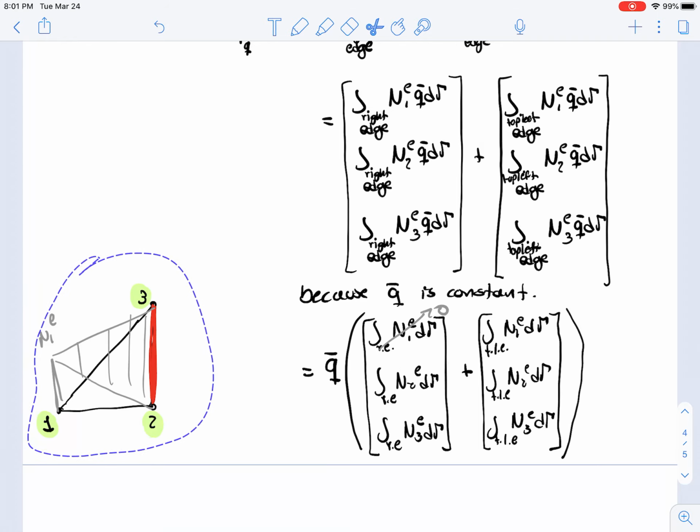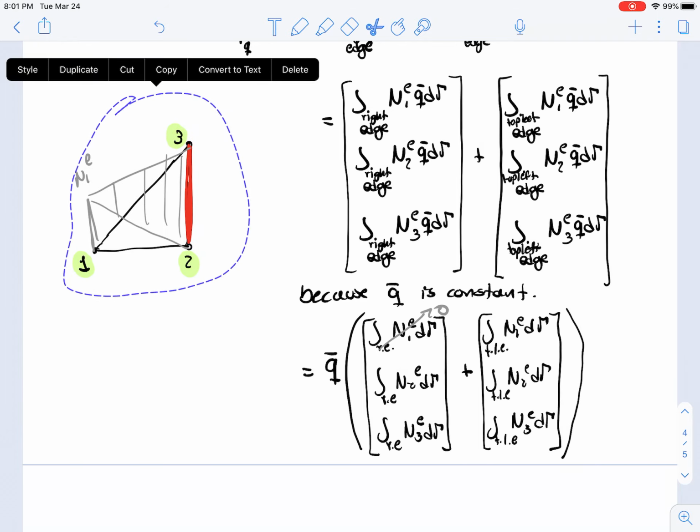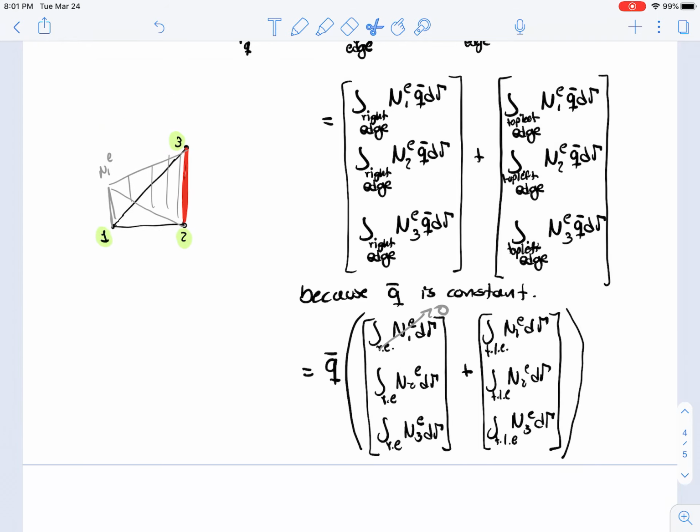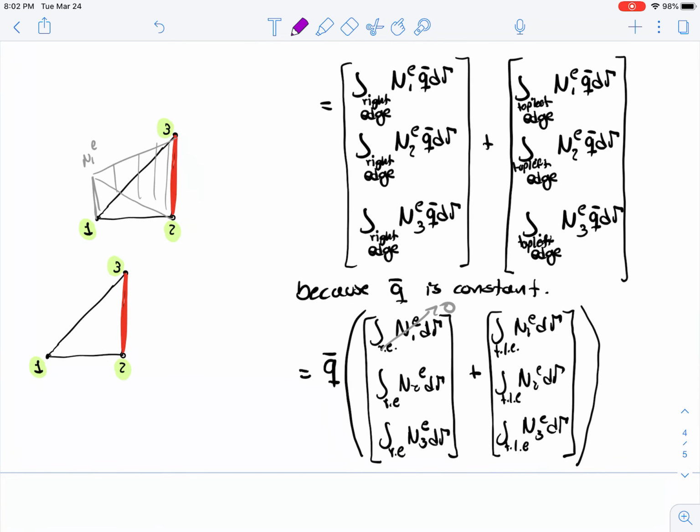Then what happens with N2? N2 is 1 at node 2 and then goes to 0 at the other nodes.